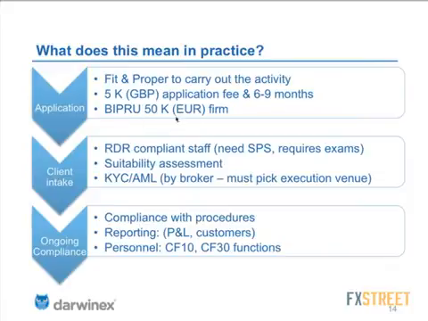A BPRU 50K firm is nothing else than shorthand for the capital you have to put down, shareholder capital paid in, to guarantee to the FCA that if something actually bad happens to the monies you're managing, you'll have put in 50,000 euros of your own money in escrow to meet whatever legal liabilities you might have at that point. Now, this is notwithstanding the fact that if you do something wrong, obviously they'll keep your money, but they can also prosecute you in different ways.